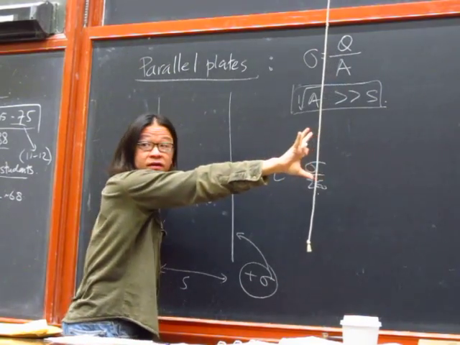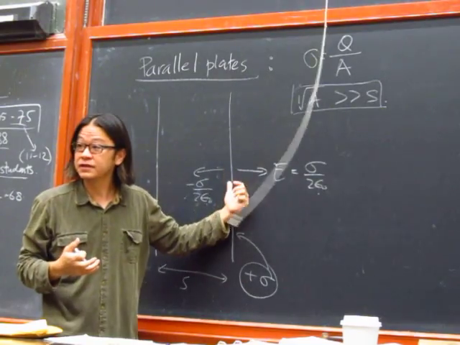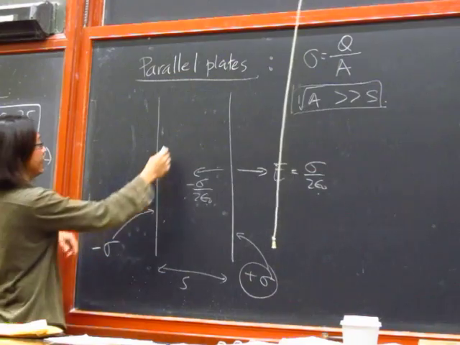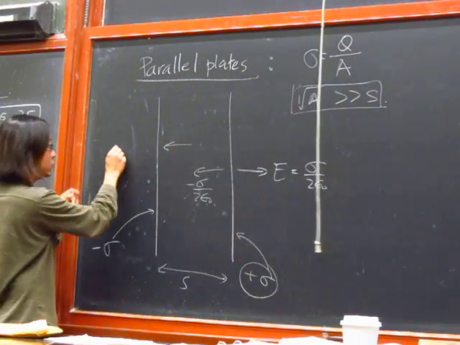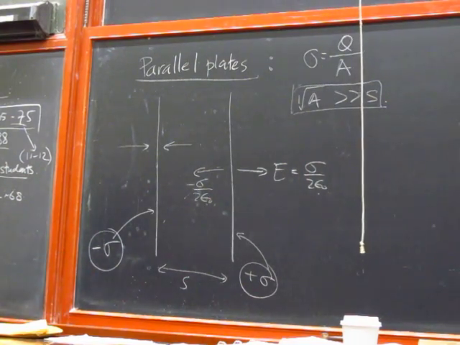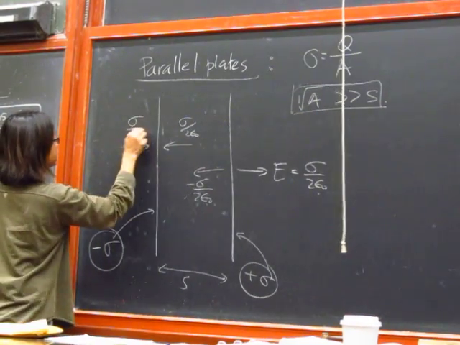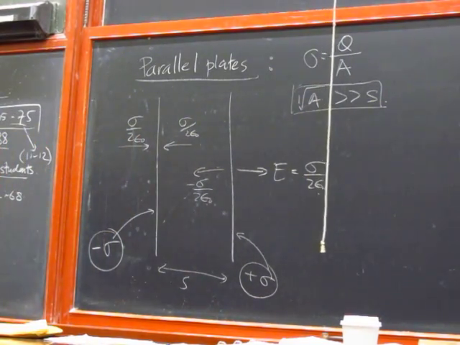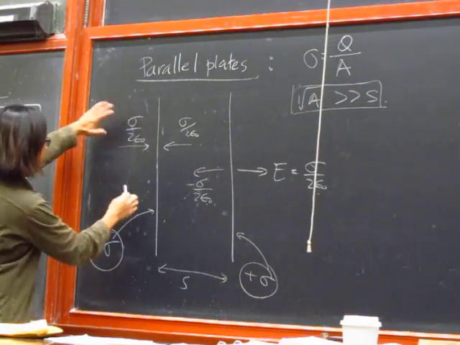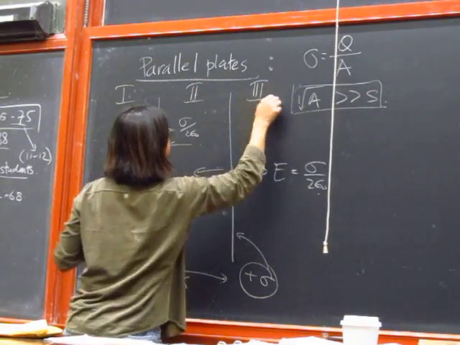For an infinite slab, the field is constant regardless of the distance from the slab. Same thing for the minus sigma slab. The field is inward because of the minus sign, and it's given by sigma over 2 epsilon naught.